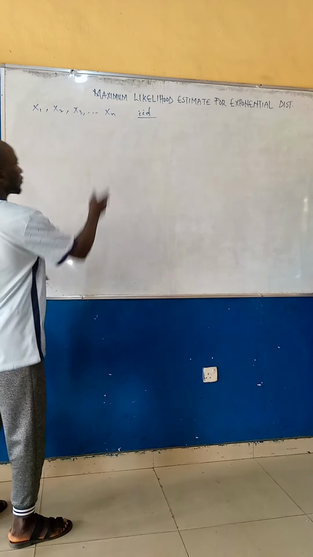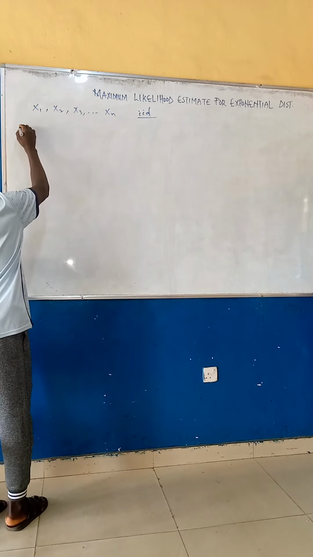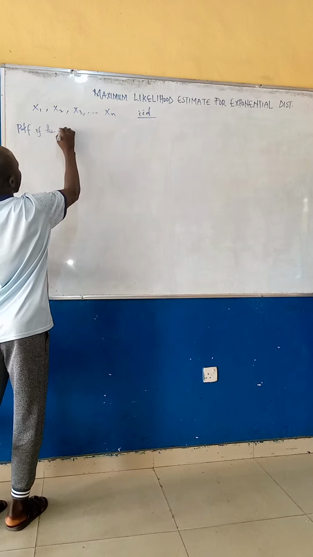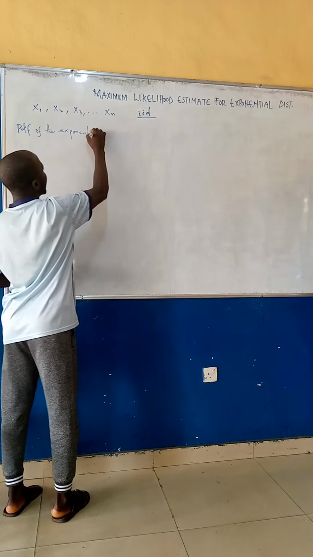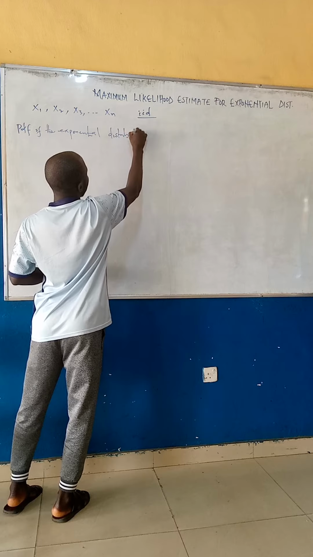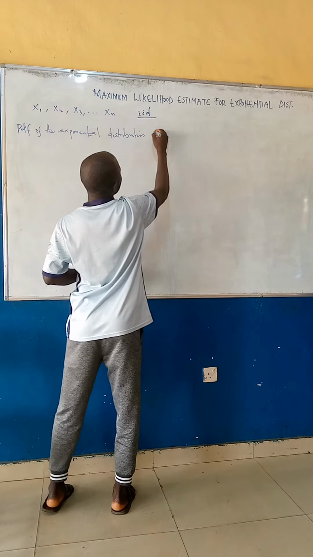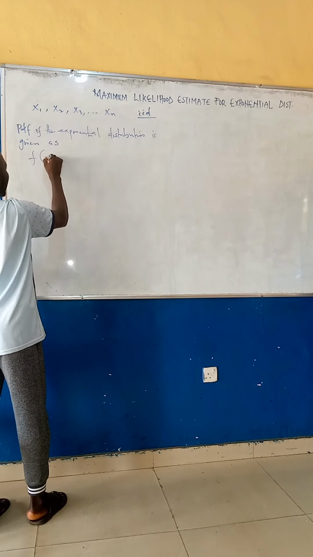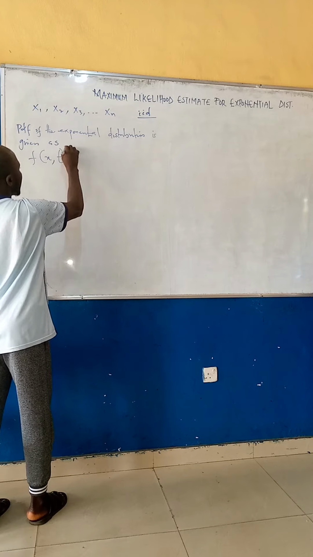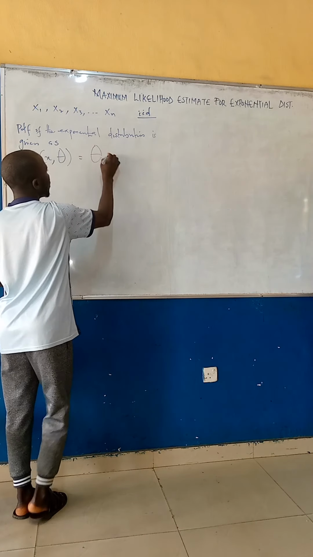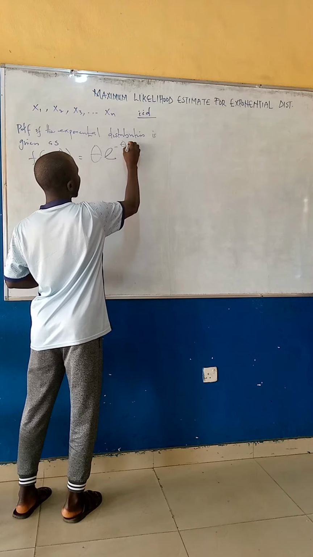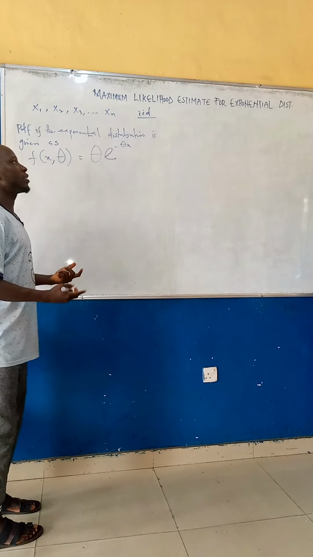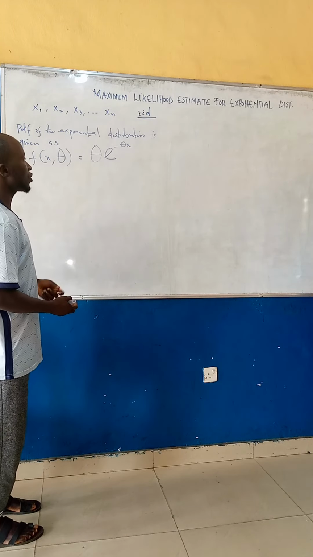Then the PDF of the exponential distribution is given as f(x, θ) = θ exp(−θx), whereby θ is a parameter, the only parameter in an exponential distribution.